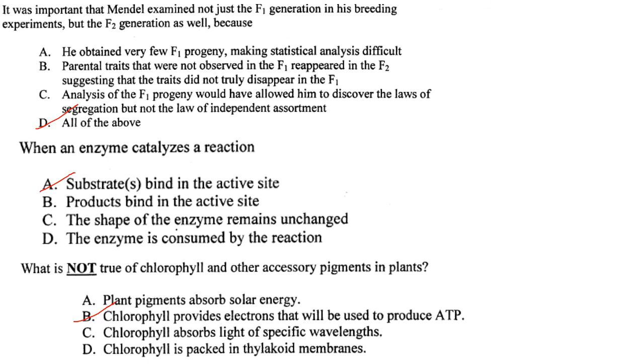So option B is correct because chlorophyll does not provide the electrons. It obtains its electrons from water producing oxygen as a byproduct. Okay, so answer is B.